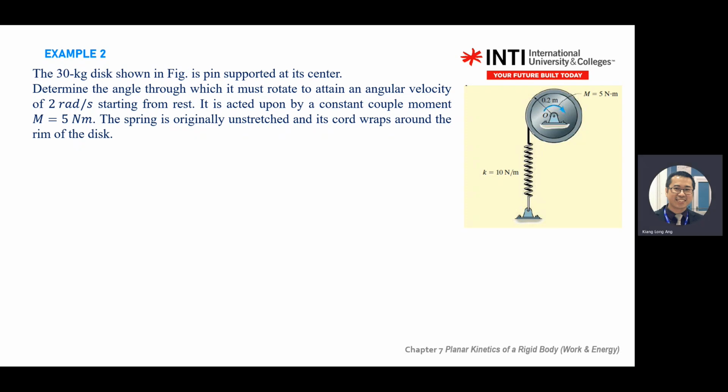So you need to turn clockwise so that you charge the spring, so that the spring will pull the disc and rotate anti-clockwise at 2 radian per second. Make sense? From rest, it is acted upon by a constant couple moment of 5 Newton meter. There's an external moment there. The spring is originally unstretched and the cord wraps around the rim of the disc.